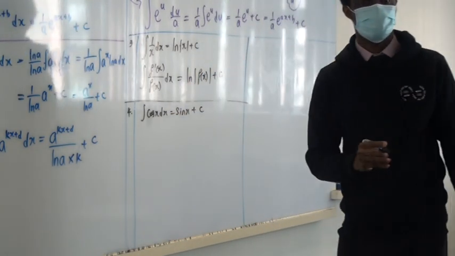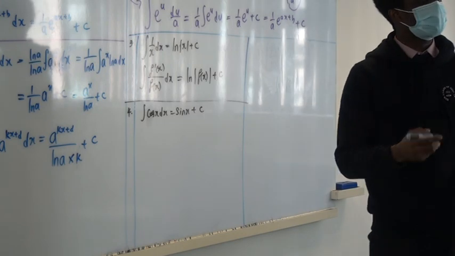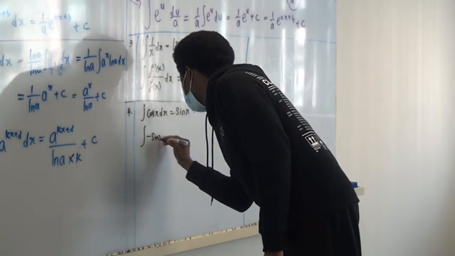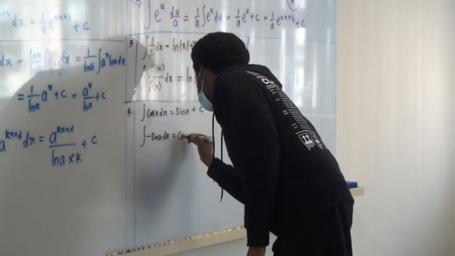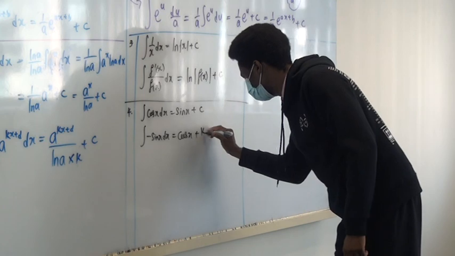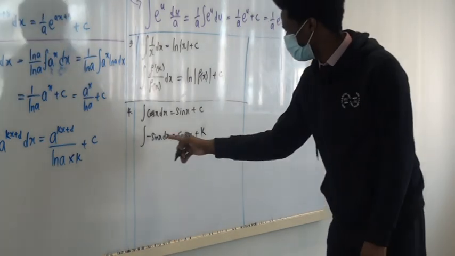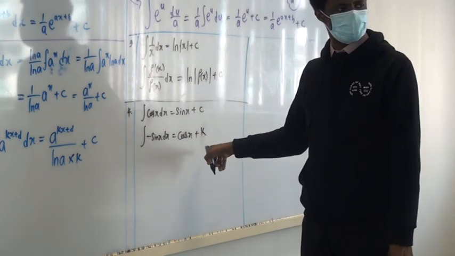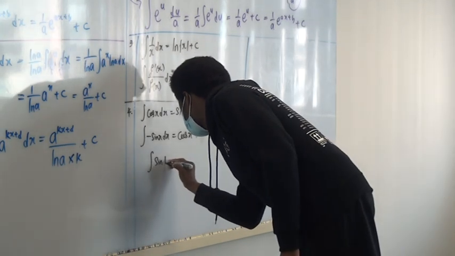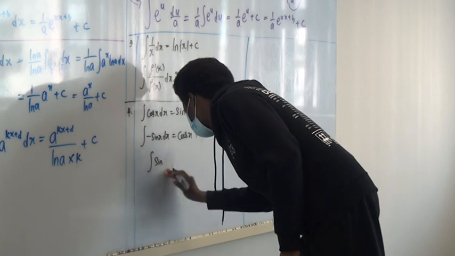Am I making sense? Now, because the derivative of cos is minus sine, the integral of minus sine should be plus cos, isn't it? Okay, I will say plus k first. I have a reason. So that when this minus comes out and goes to the other side, I will have my integral of sine x, of course.